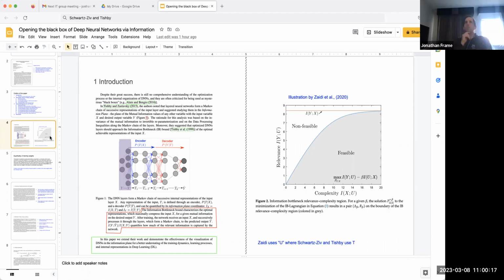So I agree that it's not compression in the sense that we need fewer bits of information to represent it.